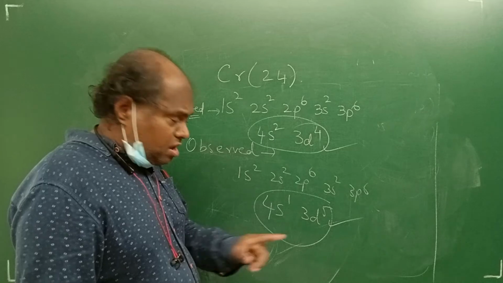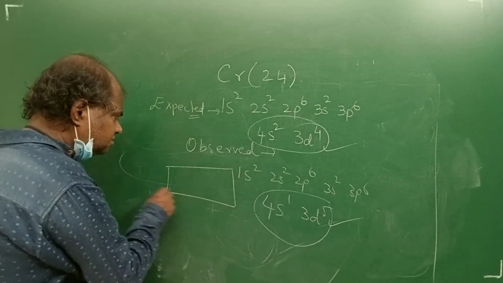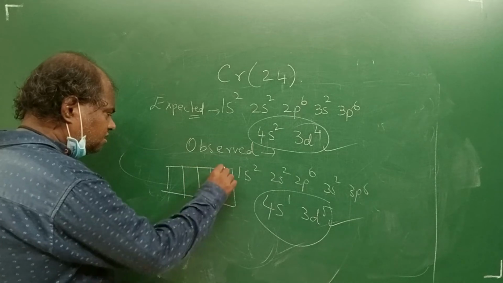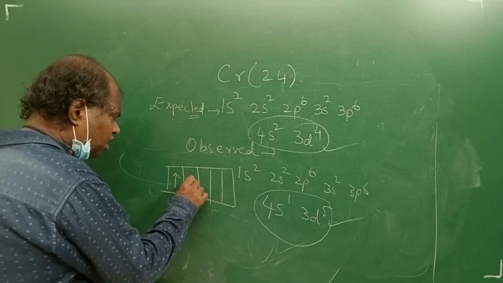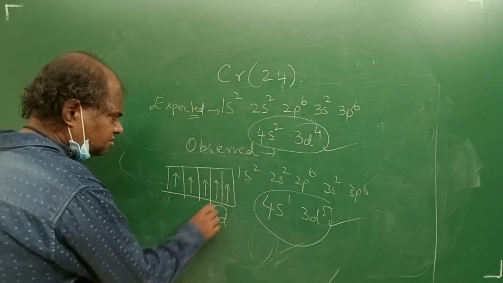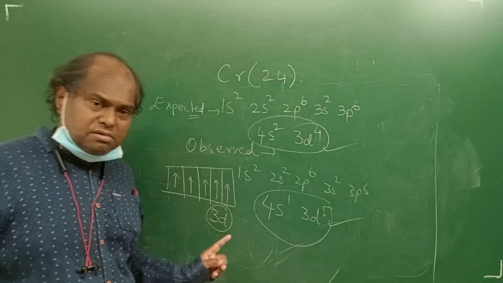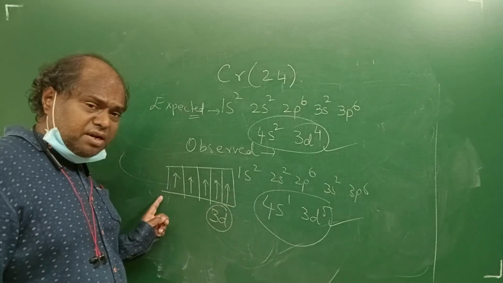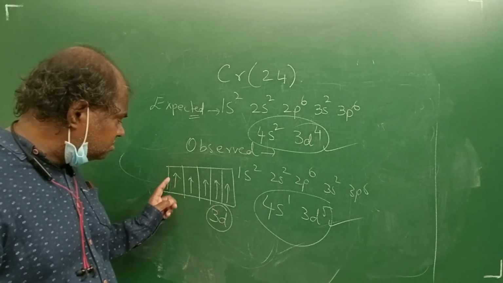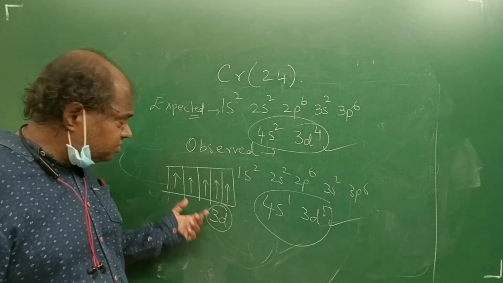Now why? Because if you write 3d5, it is half filled. Just see very carefully: 3d5, 1, 2, 3, 4, 5. Half filled you will get. And students, in half filled orbitals you can do a lot of exchange. The electron can go from one place to another, very stable.